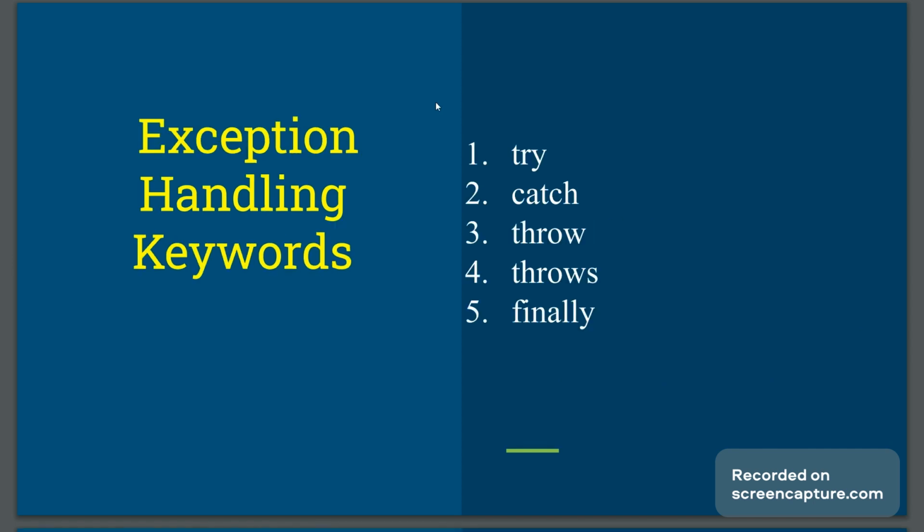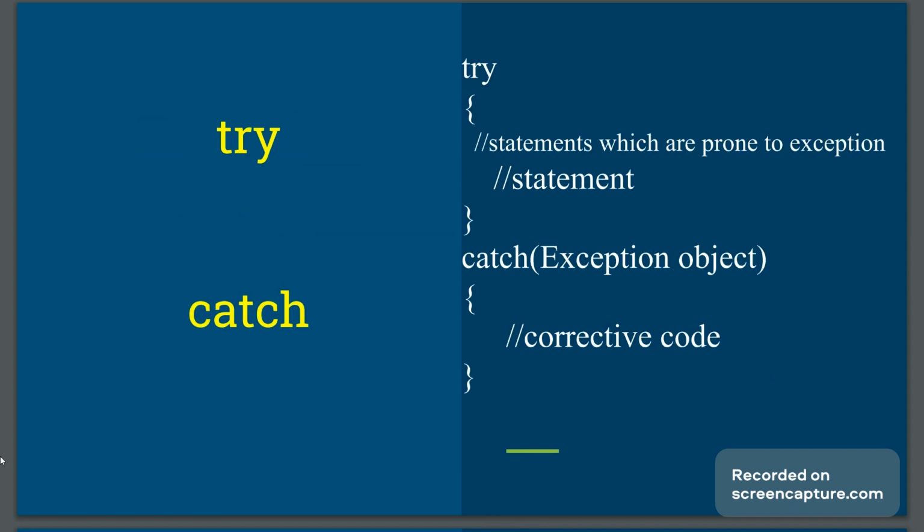Now, in Java, the exception handling keywords are try, catch, throw, throws, and finally. We will see how these words can be used to handle exception in Java. The first two keywords, try and catch, will not be used individually. They are used together. Try without catch and catch without try will not work.